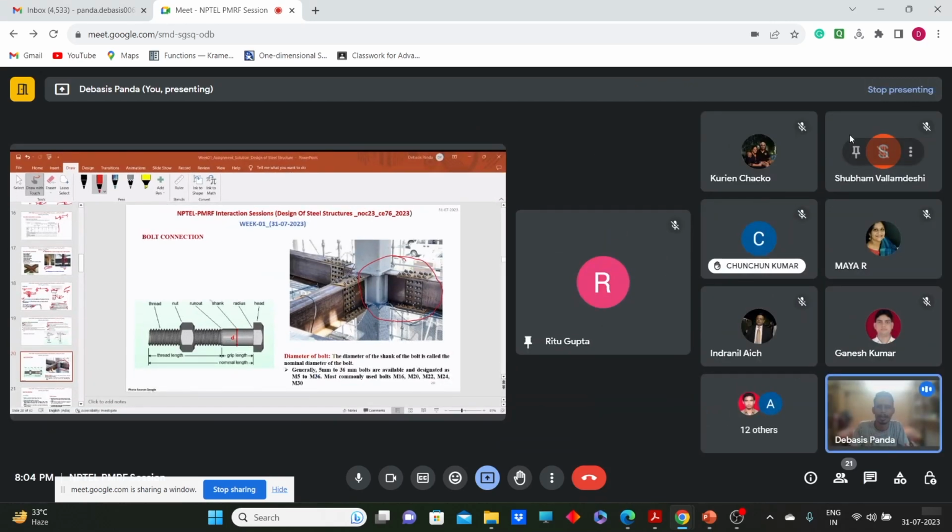So I just went through the rivet portion to give some completeness, or some essence of how a rivet connection looks, or to solve the assignments of the previous year or the current year. If you need them, you can go through it. Now we will go through the bolted connections in detail, step by step. Our code IS 800:2007 covers the design of bolted and welded parts.